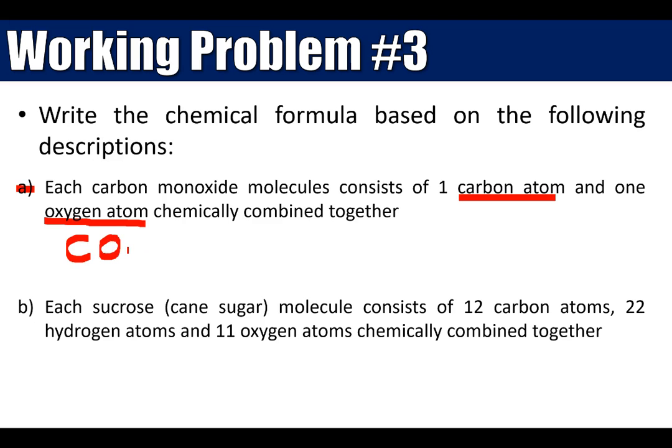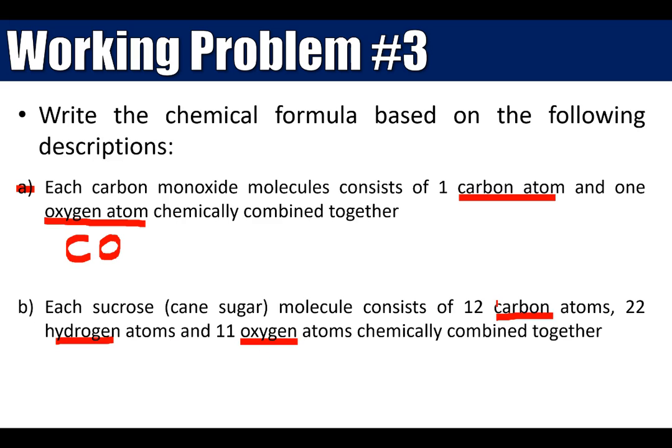Now, the chemical formula here can be very complicated as shown in example B. Each sucrose, or basically cane sugar molecule, consists of 12 carbon atoms, 22 hydrogen atoms, and 11 oxygen atoms that's bonded together. So what is the atoms or the elements in order? You have carbon first, you have hydrogen second, and lastly you have oxygen. So you basically follow this order.